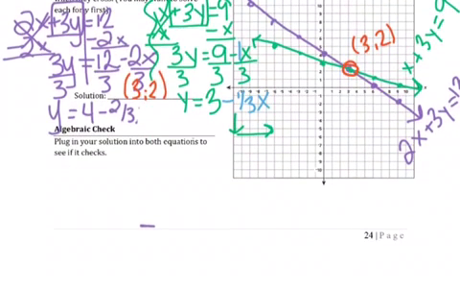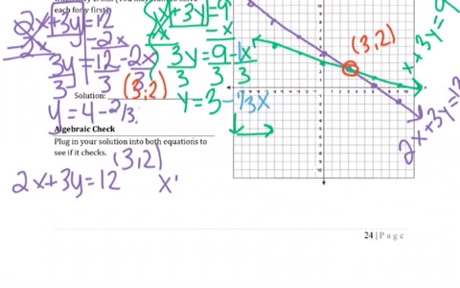Alright, we haven't actually done a check yet. To check, I'm checking to make sure that my solution satisfies both of the equations. So I have to jot down both equations, and I'm going to be plugging in 3 for x and 2 for y.